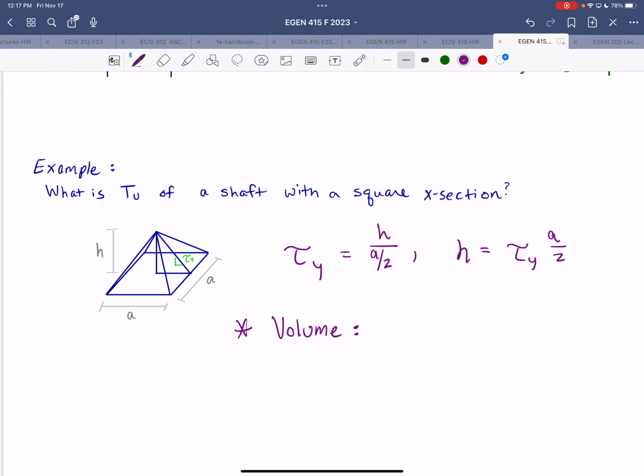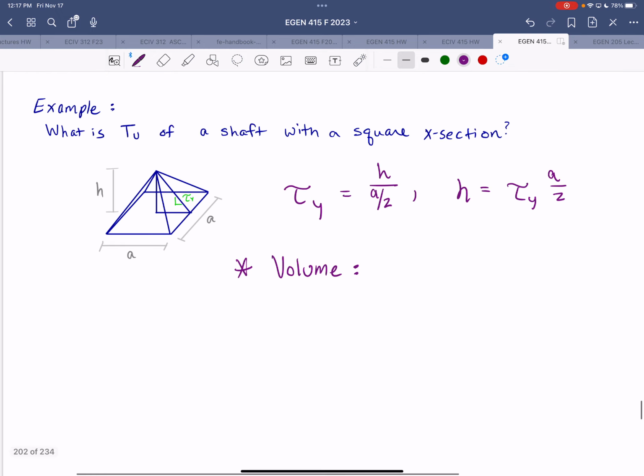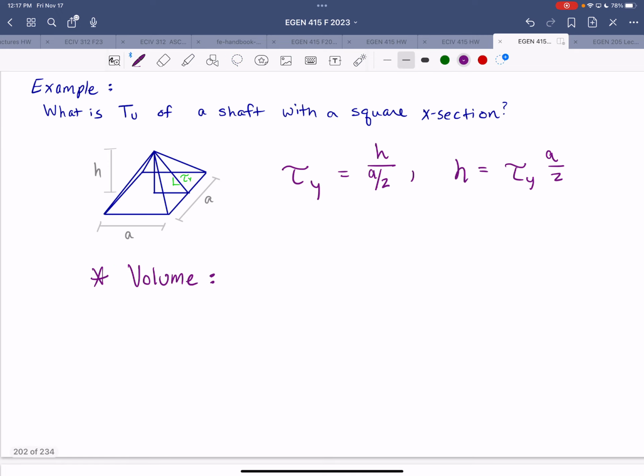So then, relating volume of a pyramid, we have 1/3 times the area of the base times the height is the volume of a pyramid.